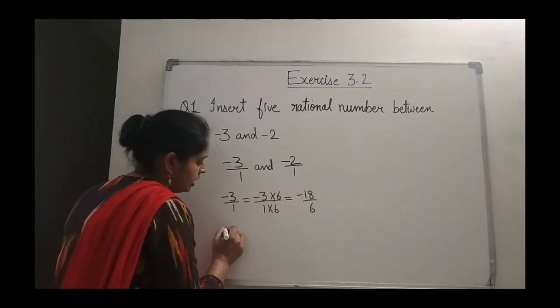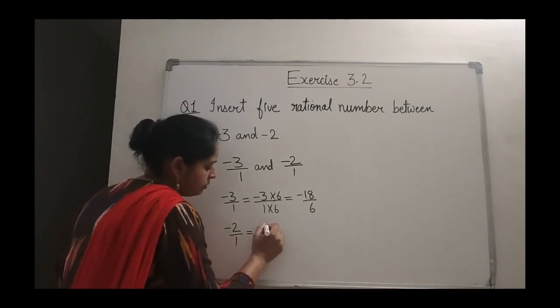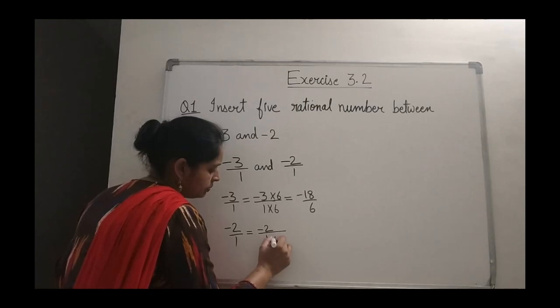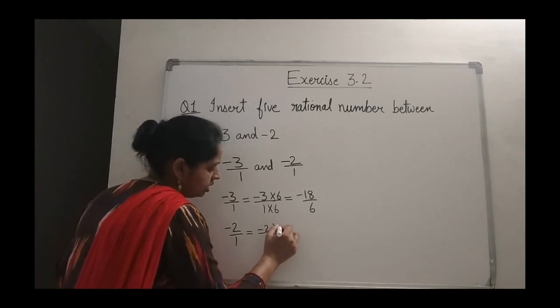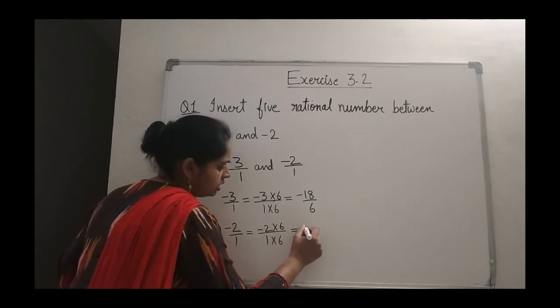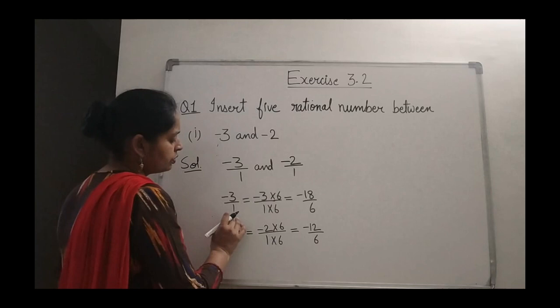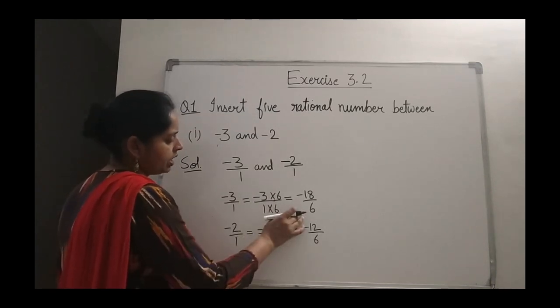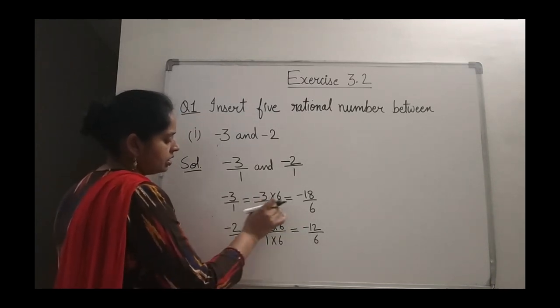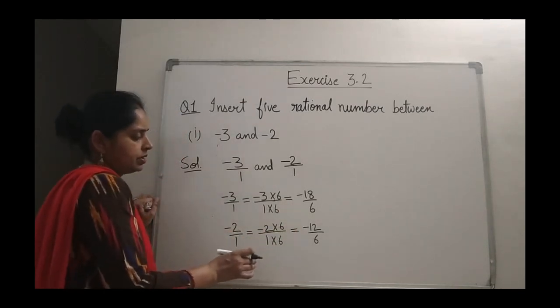And the next number we are having is -2 upon 1, so that will be equal to -2 upon 1 multiplied by 6 in the numerator and denominator. That will be equal to -12 upon 6. Right? So we have got two equivalent rational numbers for -3 and also for -2.